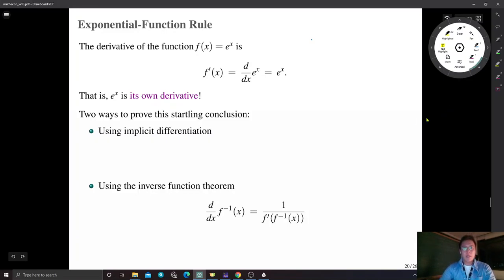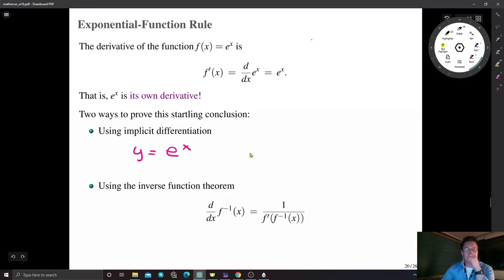Let me call this e to the power x as y. So y is e to the power x. I'm looking for dy over dx.